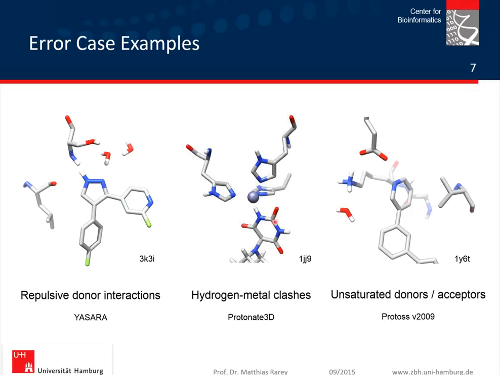What you see sometimes are hydrogen metal clashes, so a hydrogen pointing directly at a metal ion. Or you have even unsaturated donors and acceptors where actually the hydrogen is missing. You should protonate either the one or the other side. Okay, so these are cases you recognize.